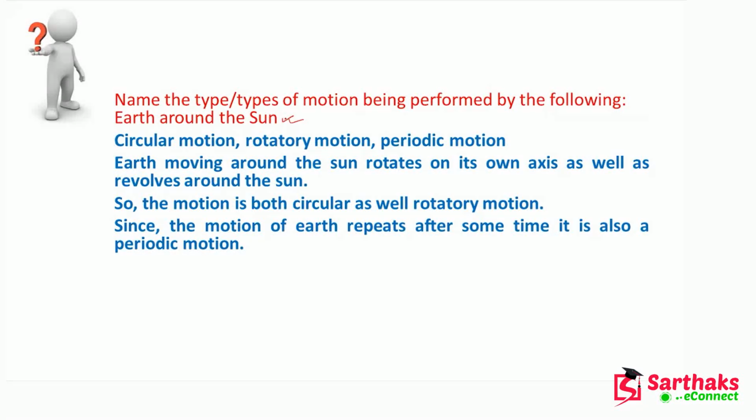Definitely, because the earth will rotate around the sun for a particular time. For one revolution, it will take a particular period. That means it is periodic motion, right? So earth around the sun has circular motion, rotatory motion, periodic motion. Okay, three types of motions are present.